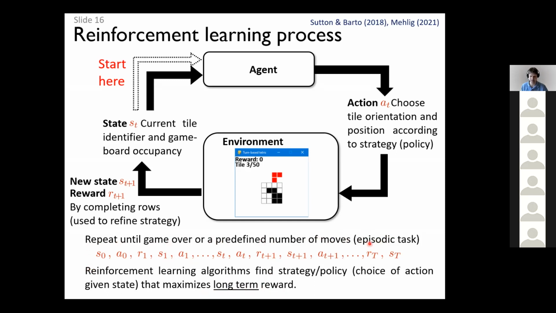And this episode gives a sequence of states and actions and rewards. So we start at some state, take an action, get the reward, get to a new state, take the action, reward, and so on over the entire sequence. Well, as I said, reinforcement learning maximizes the long-term reward.